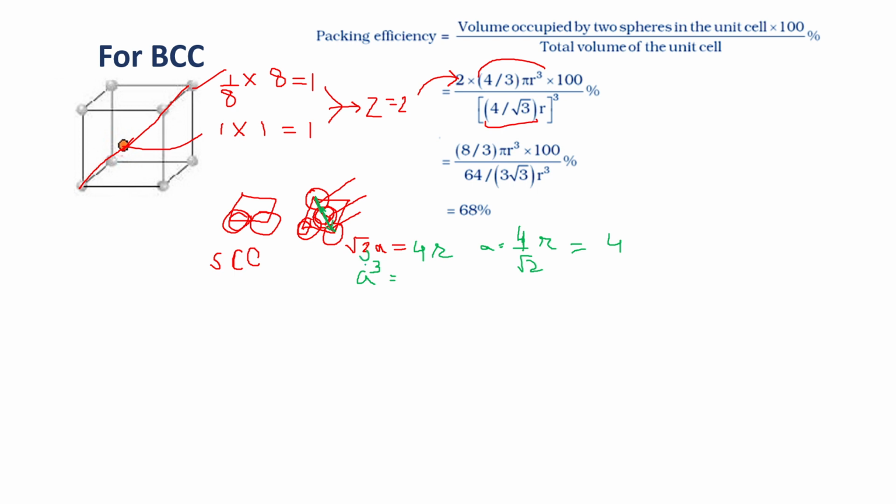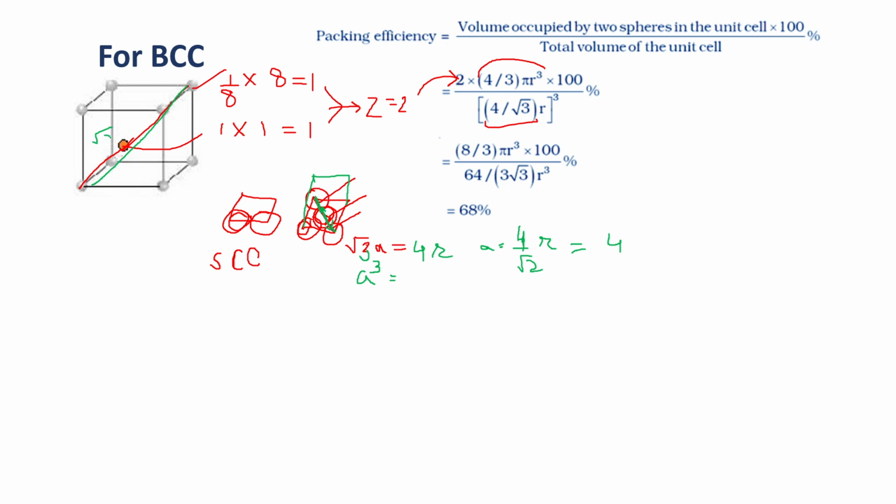I told you for the FCC where the particle is present at the face, but here the particle is present at the body center, so it is not touching this one but rather touching the sphere present over here. So this whole length will be under root 3a for the body center.